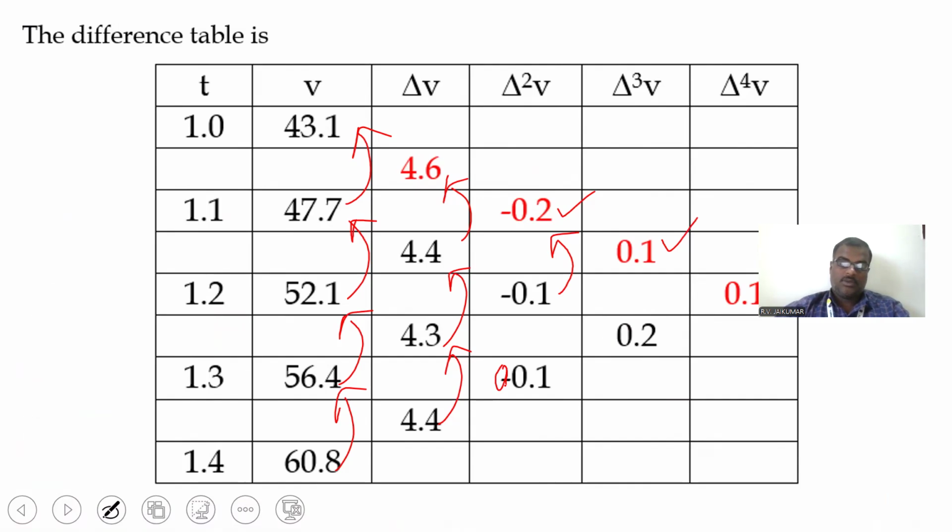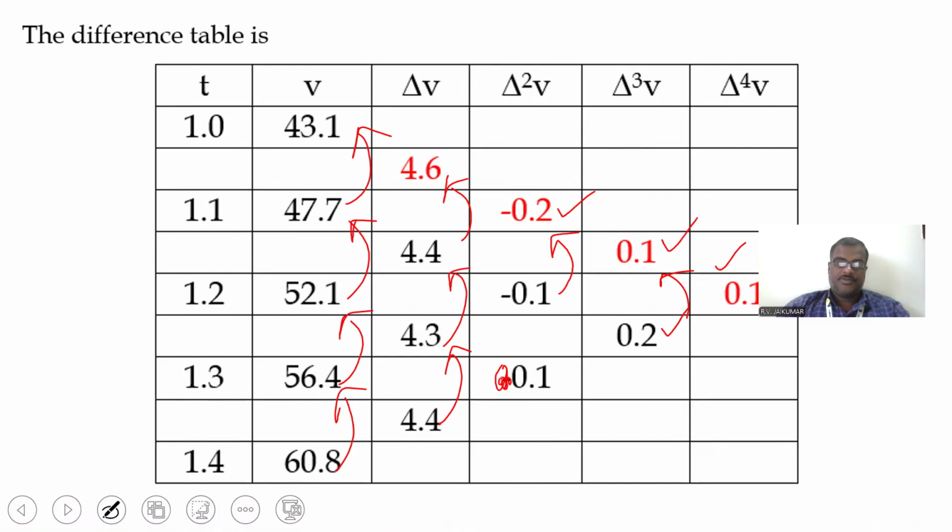So 0.1 minus of minus 0.1 becomes 0.2. So we found the difference table here.